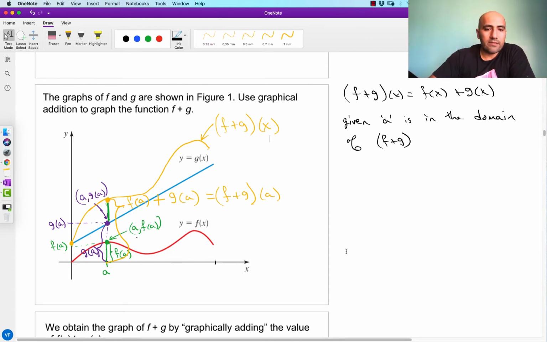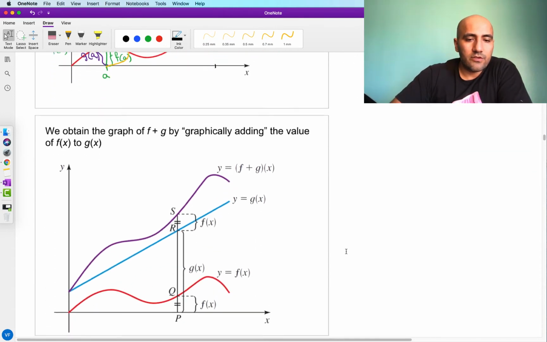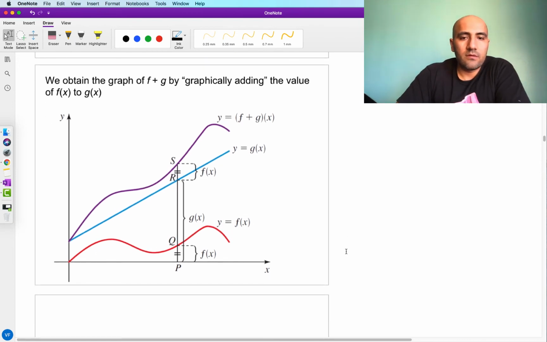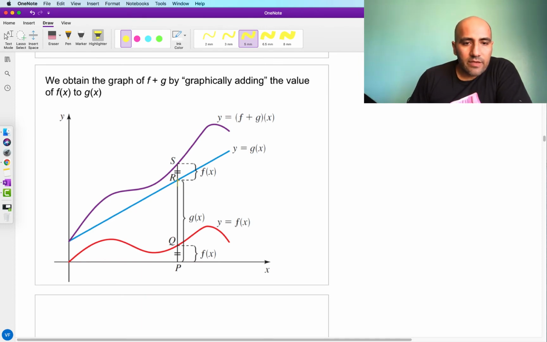All right, hopefully that made sense. Here's another description of that. So this height from here to here is what they're defining as g of x. And then this height from there to there is what they're defining as f of x.